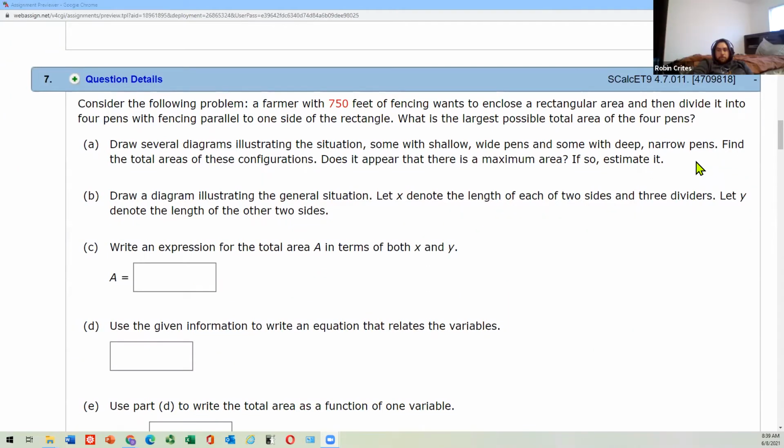Here it goes. Consider the following problem. I'm writing this down on my paper as I go through it. A farmer with a total of 750 feet of fencing. I wonder what he's going to do with this fencing. He wants to enclose a rectangular area and then divide it into 4 pens with fencing parallel to one side of the rectangle.